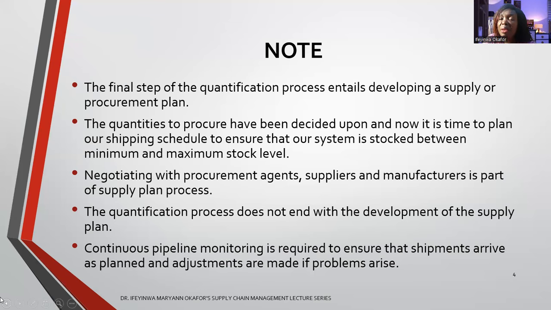After you have done everything, you need to continuously monitor to ensure that shipments arrive as planned. And if there is any adjustment that should be made, it should be made on time to avoid stockouts.